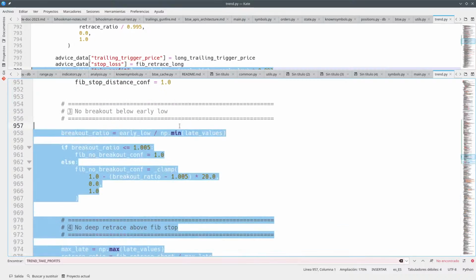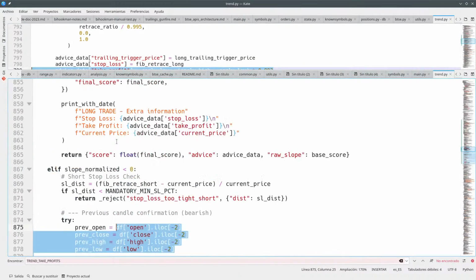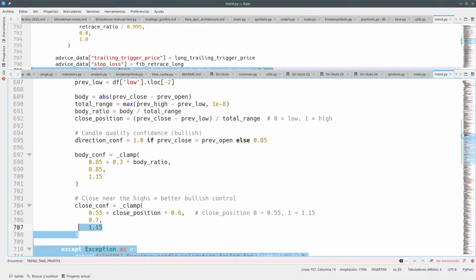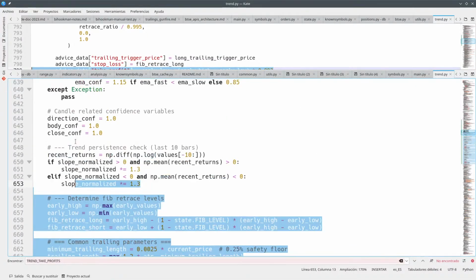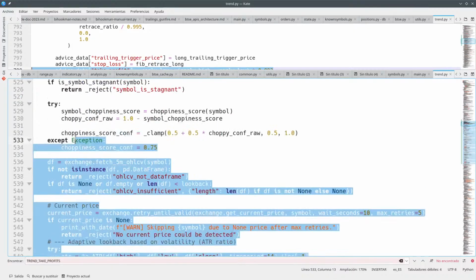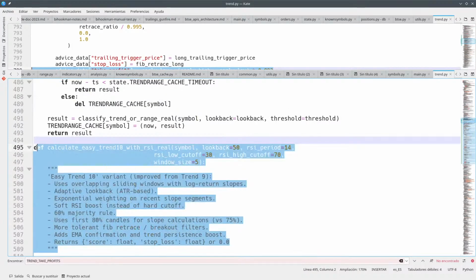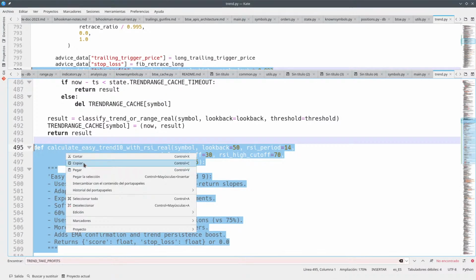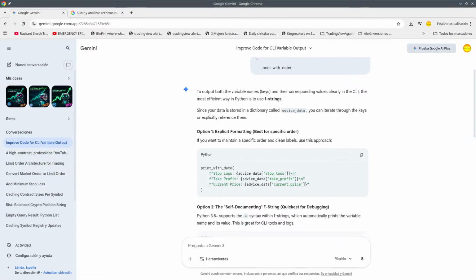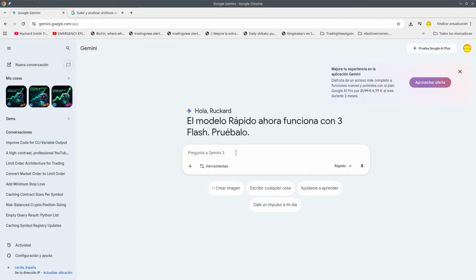So let me just ask Gemini if any of this ensures that the current price is between the two.